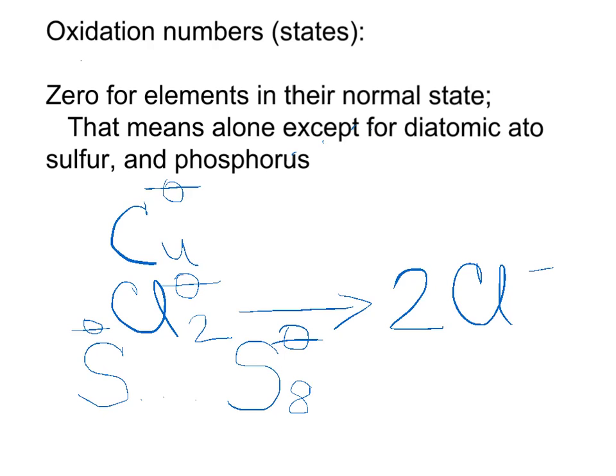And similarly, in some cases, they may show phosphorus alone. If you have an equation that shows it alone, then consider it a 0 oxidation number. But technically, phosphorus usually is not found alone. It's usually found with 3 others for a total of 4. And that's usually when you'll consider that oxidation number 0.